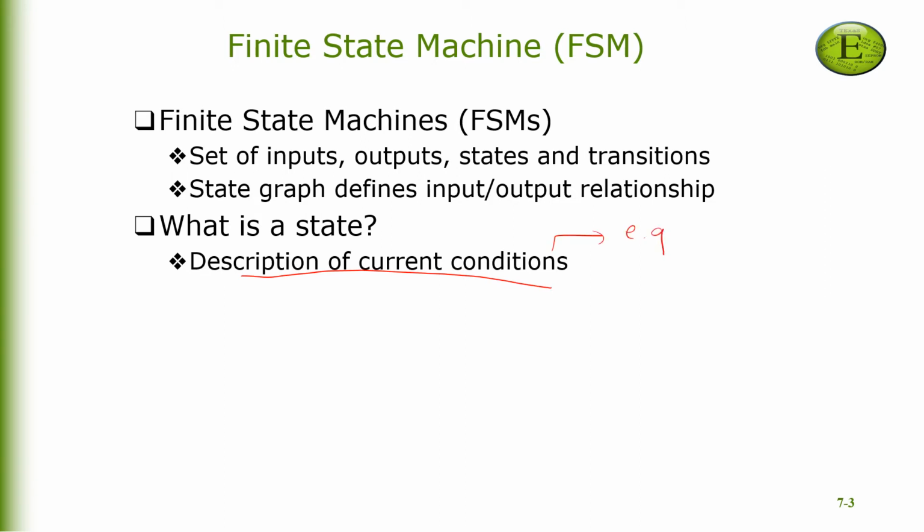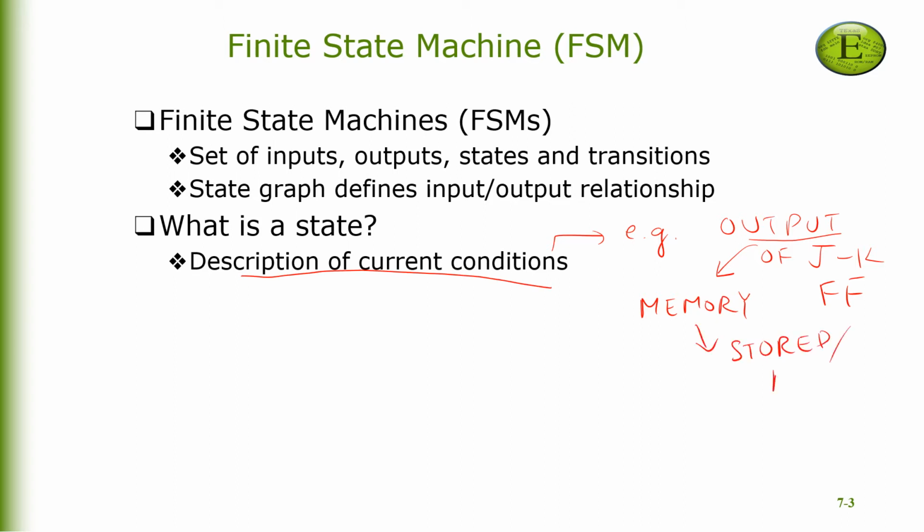In case of JK flip-flop, the current condition was the output of the JK flip-flop. And an interesting attribute of the output of the flip-flop is the presence of memory. It is something that can be stored or retained.